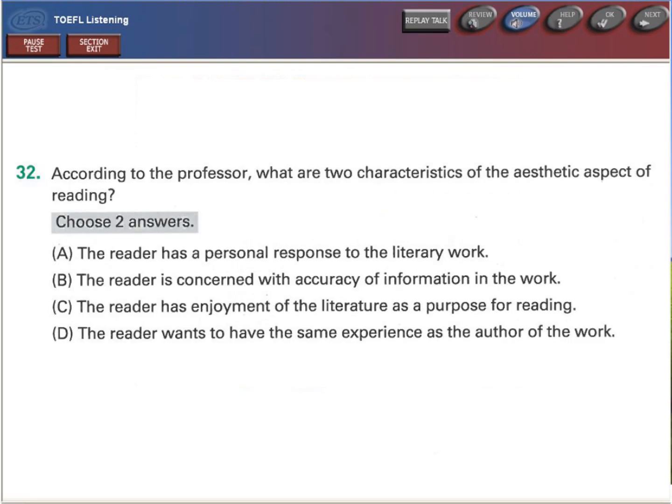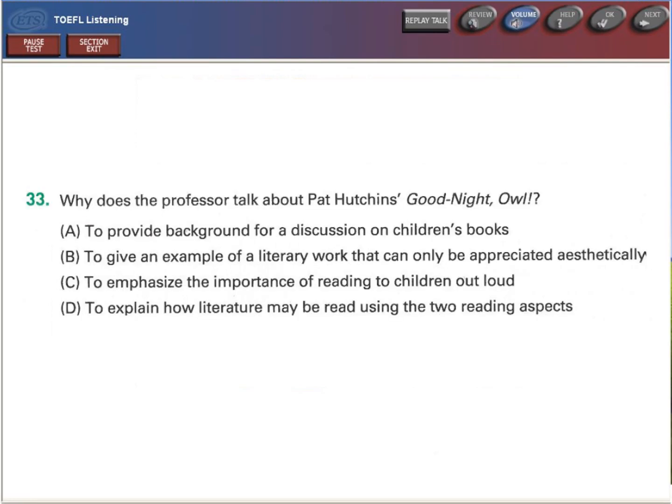According to the professor, what are two characteristics of the aesthetic aspect of reading? 33. Why does the professor talk about Pat Hutchins' Good Night Owl?